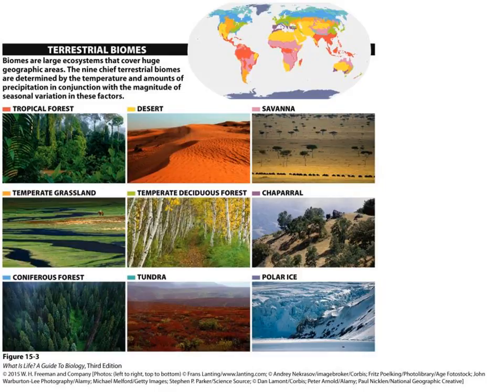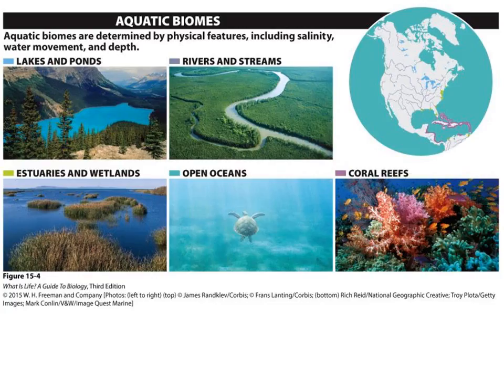If we look at the other end of the spectrum of precipitation, in dry areas that have a hot season and a cold season, there are temperate grasslands or deserts developing. So there are 9 chief terrestrial biomes. All are determined mostly by precipitation and temperature levels throughout the year. So you should know some of the qualities of these different terrestrial biomes.